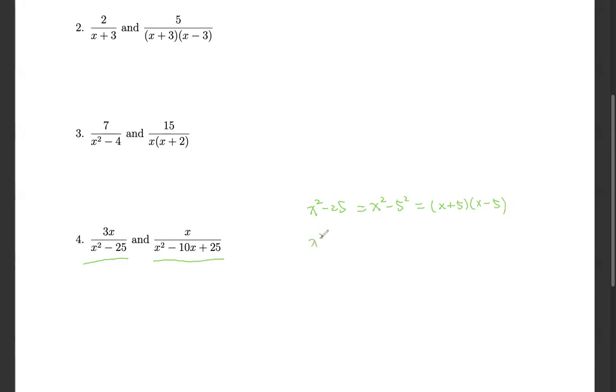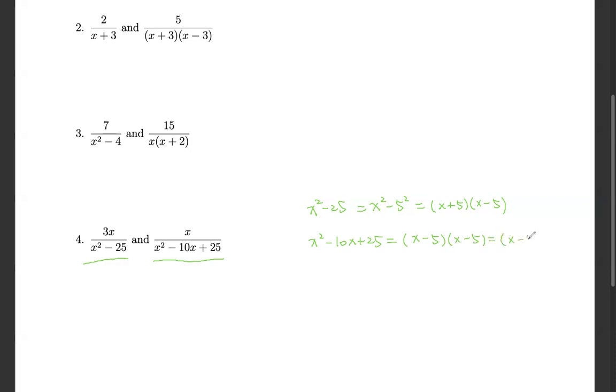And x squared minus 10x plus 25 is a perfect square. Because 25 is 5 squared. I claim this is x minus 5 squared, which means x minus 5 times x minus 5. But usually we don't write it that way.